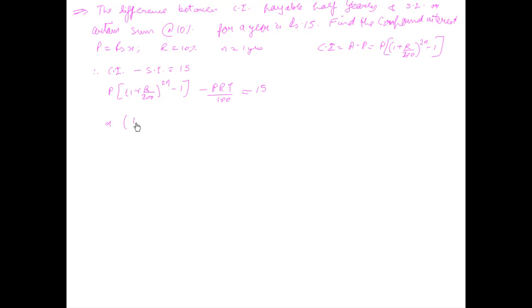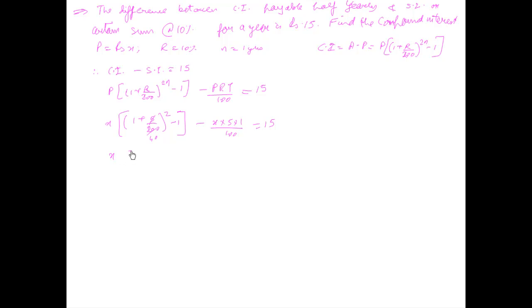Principal is X, 1 plus 10 upon 200 raised to the power of 2 times 1, that's 2, minus principal times rate times time upon 100, cancels with this to give you 40. Let's simplify that children.